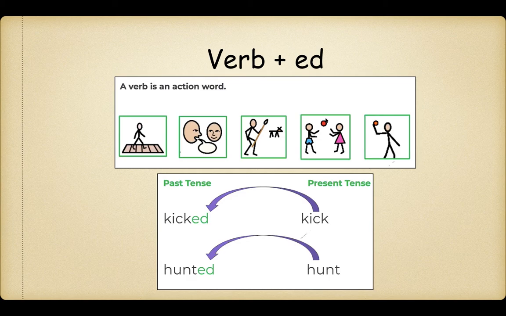So these are important skills that you need to pick up: present tense and past tense. So we have walk and walked. And of course, you can talk, which happens now in the present tense, and talked, which means it happened in the past.